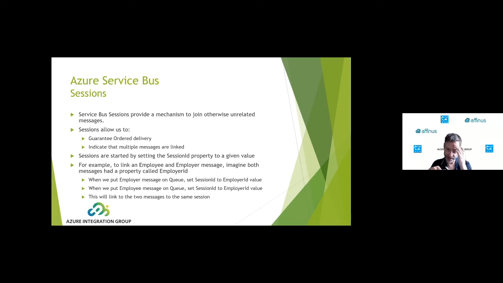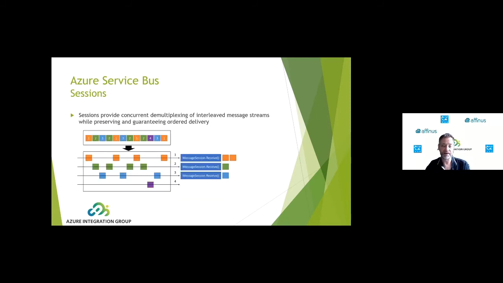So if we go to the next slide, Andrew. Yeah, the diagrams are always helpful. In this one, concurrent demultiplexing. It's probably the biggest word I've said today, but that's exactly what they do. If I have an interleaved message stream, in the top of this diagram I've got multiple messages that are related by color.